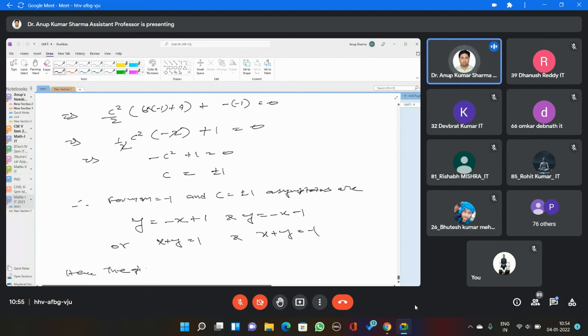Okay, so hence the given curve has total 3 asymptotes.